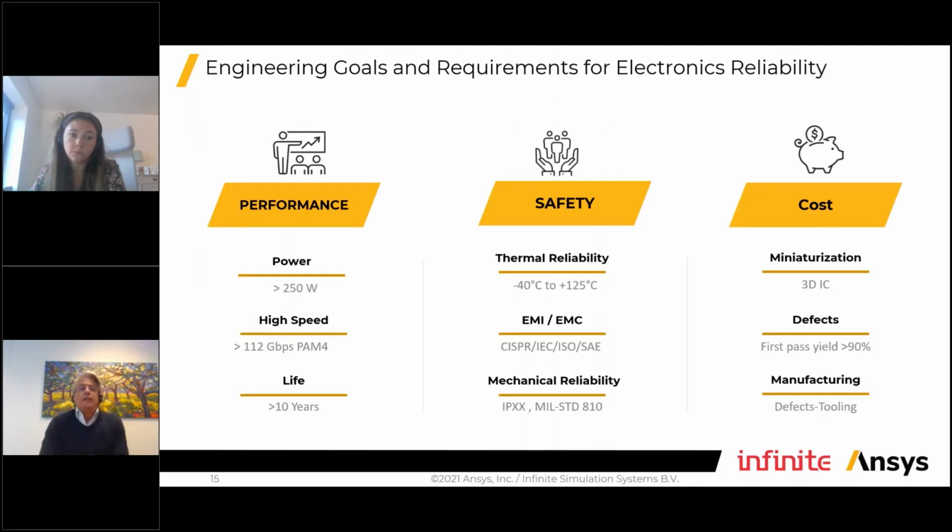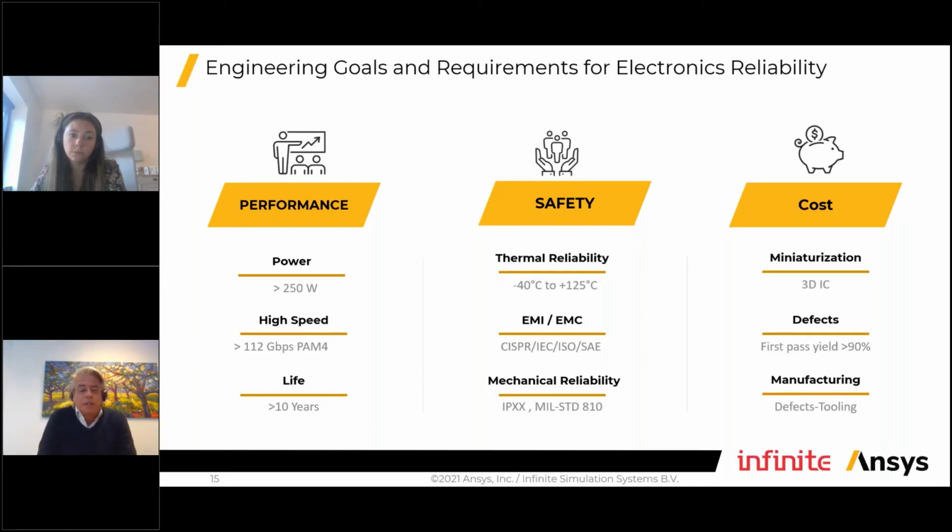If you look at the requirements nowadays for electronics reliability, there are higher demands on performance regarding power and high speed, up to 112 gigabits per second, and also the lifespan demands are higher, over 10 years nowadays.